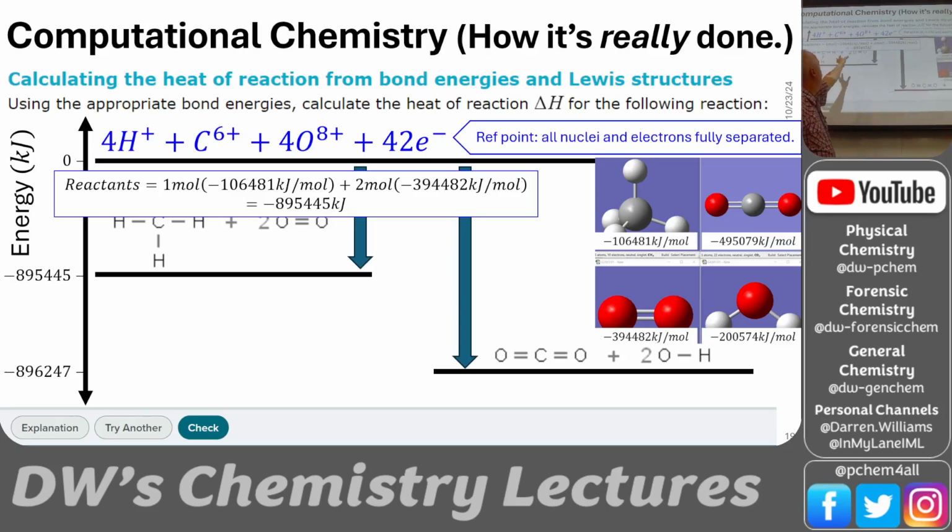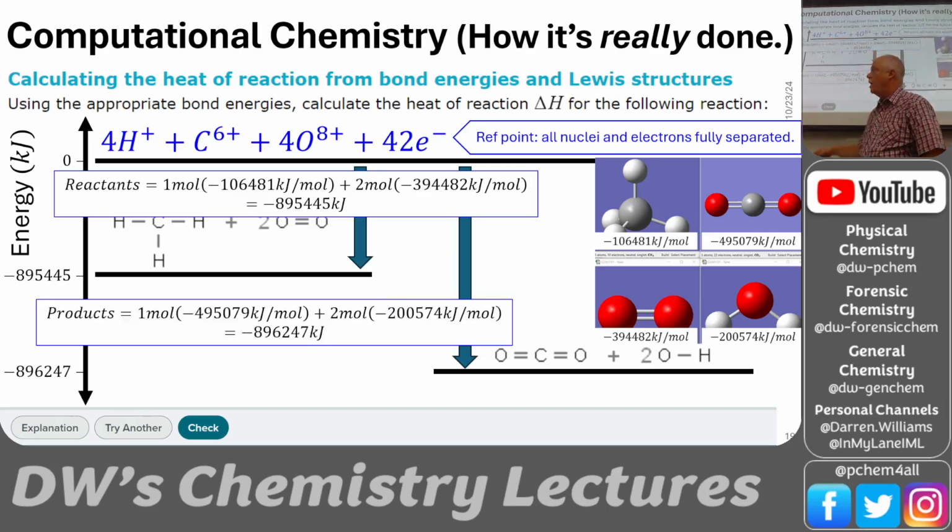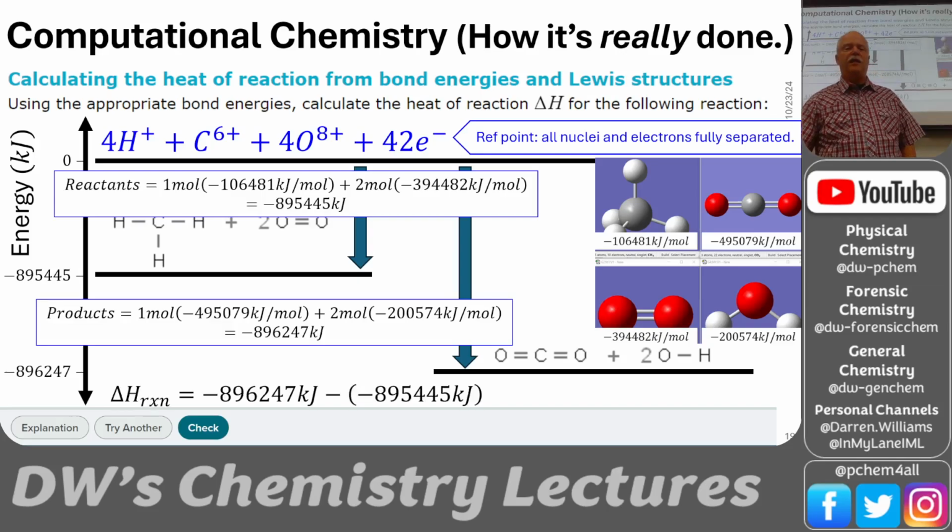It's 1 mole of the methane and 2 moles of the oxygen, and here's my energy for my reactants. And then I take the products, 1 mole of the CO2 and 2 moles of the water, and here's my products energy. I've got those marked here on this energy axis, and I can take the difference between those two, and I get my 802 kilojoules for the heat of reaction.